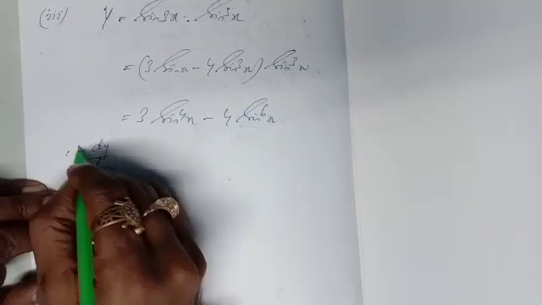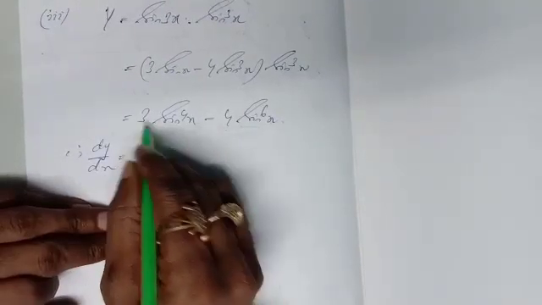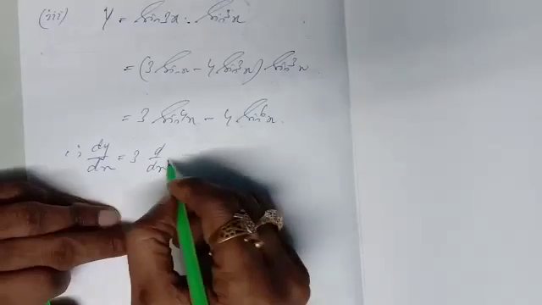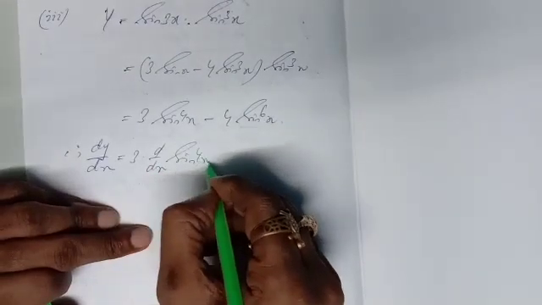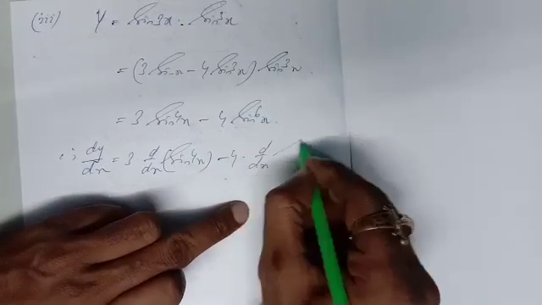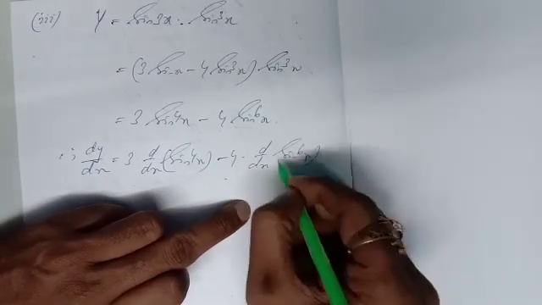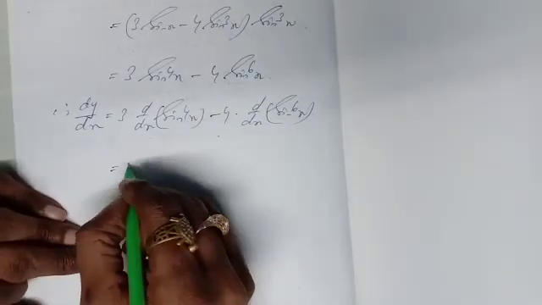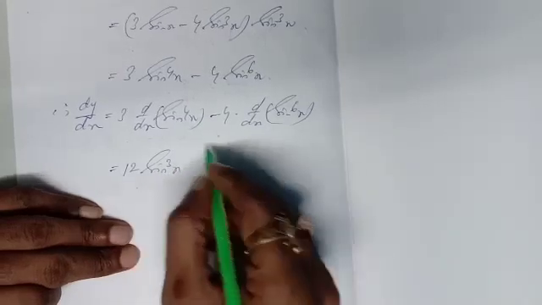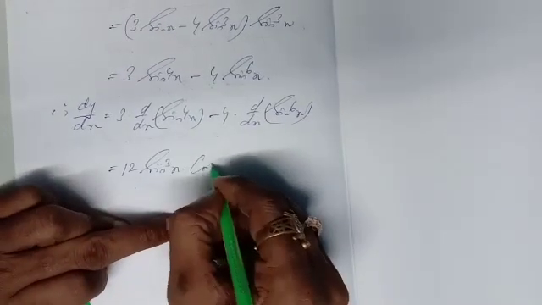dy/dx. The derivative of 3 is a constant, take it outside as a coefficient. dy/dx of sin to the power 4 x minus 4 dy/dx of sin to the power 6 x. Finally the power will come here, that is 12 sin cube x, again the derivative of sin x, that is cos x.